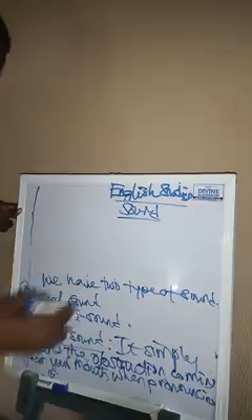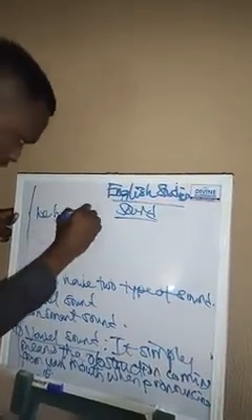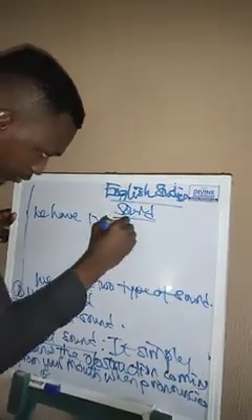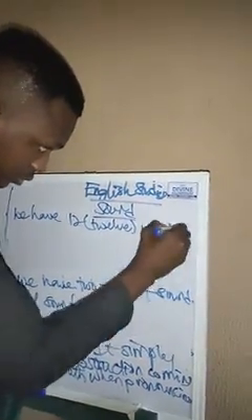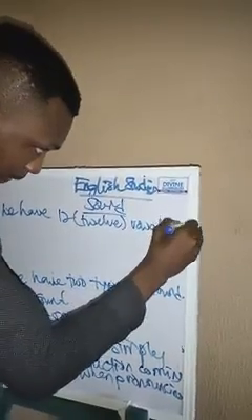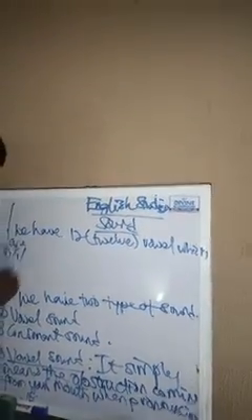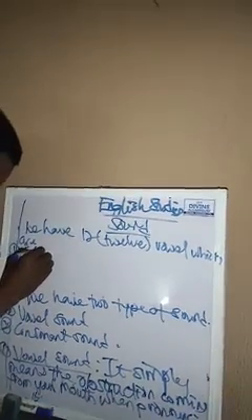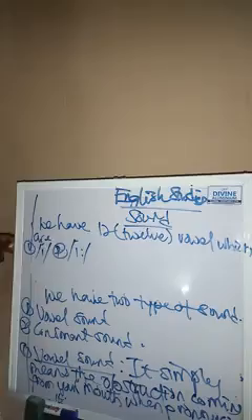Now we have 12 vowel sounds, which are: one, we have the E sound. Then number 2, we have the E sound.